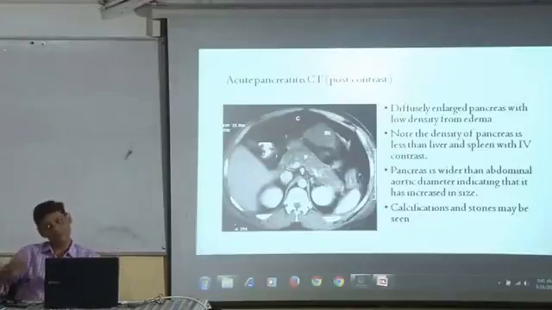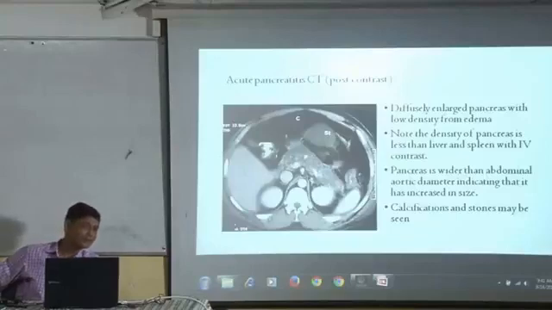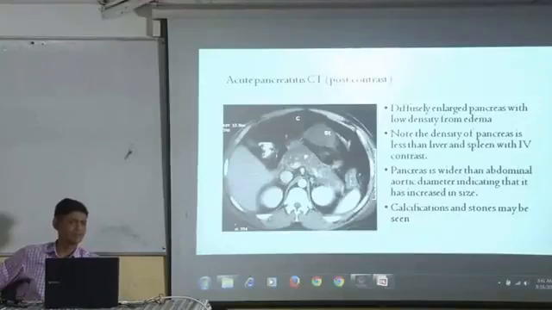Now let me change the question further along for you. What is the most common autoimmune disease that is associated with pancreatitis, acute pancreatitis? Not exactly cystic fibrosis. That is some other question.